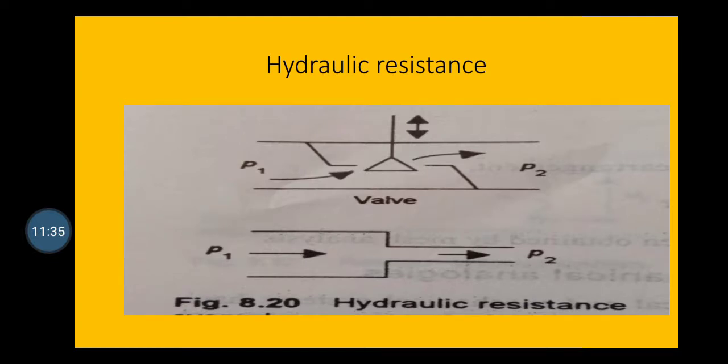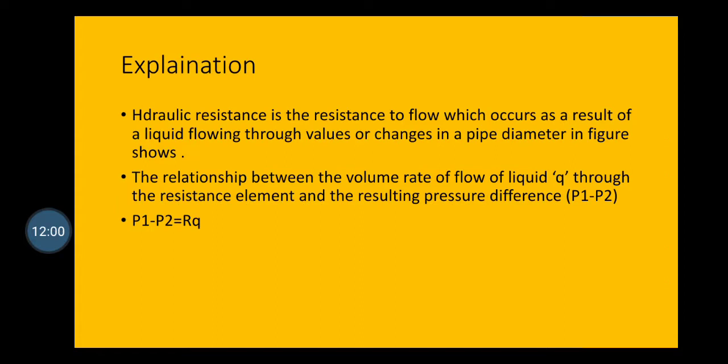Next one, hydraulic resistance. Here in this diagram, the input pressure is P1 and the output pressure is P2. The input diameter is big and the output diameter is small.